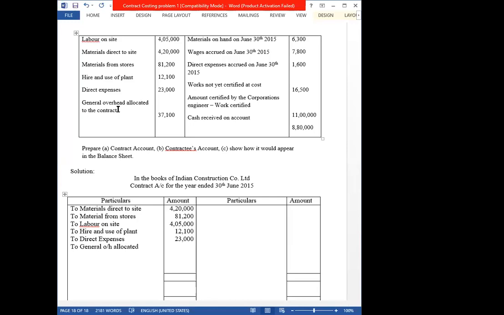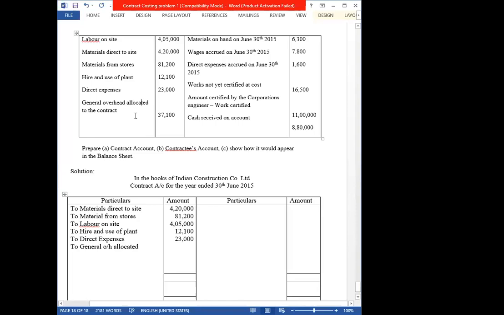So at that time they will take all the common expenses and divide them according to the contract. Suppose I am having 3 contracts, I will take all the general expenses divided by 3. That amount will be allocated to each account. So this is called allocated to this particular contract.